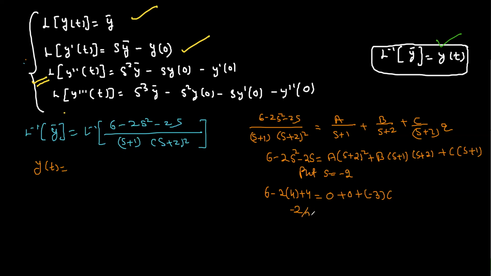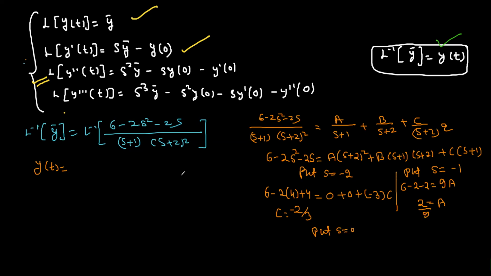Minus 2 by 3 is equal to C, right? Put s is equal to minus 1, minus 2, 3 square 9, 2 by 9, right?